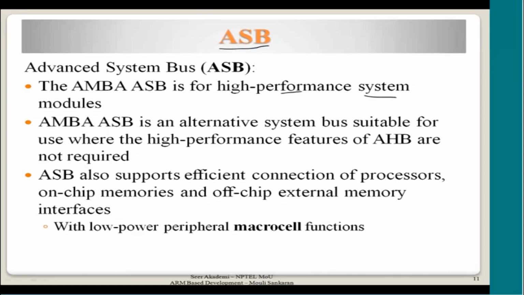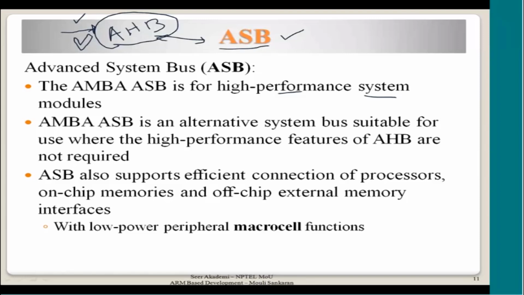Either AHB will be there in a system as the high performance bus, or, if we don't want that kind of high performance system, because the complexity is more and power consumption will be more, and it is meant for high clock rate peripherals and processors, then if that much complexity is not needed, a designer can choose an ASB instead of AHB. Either this or this, any one of them.